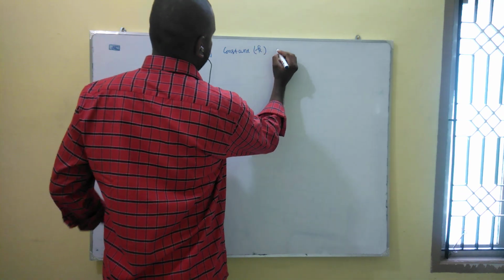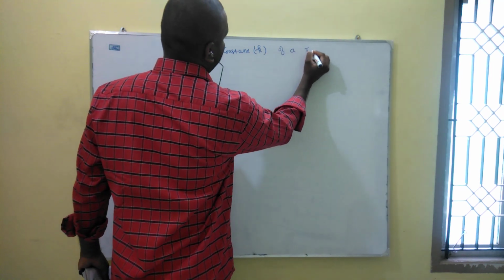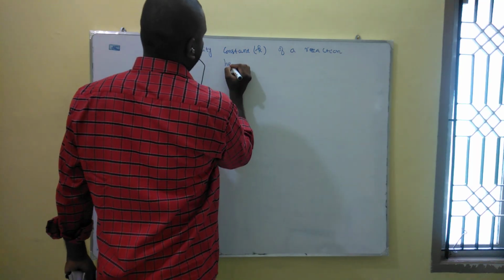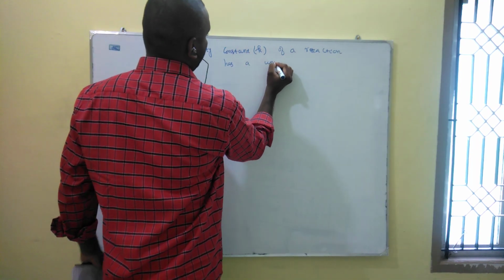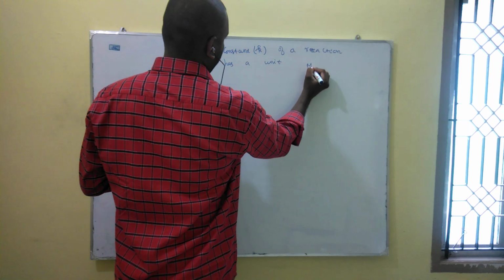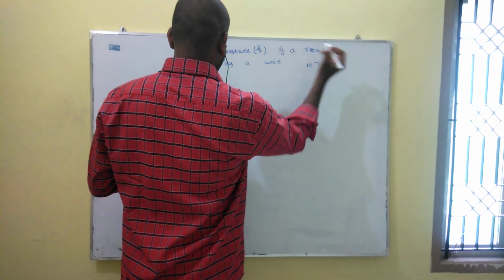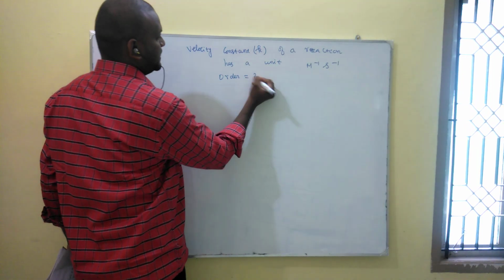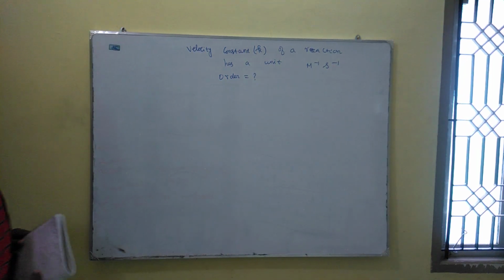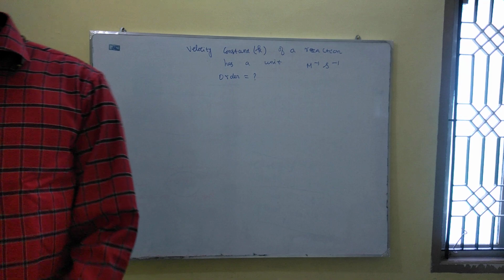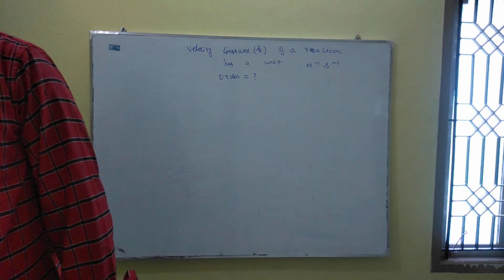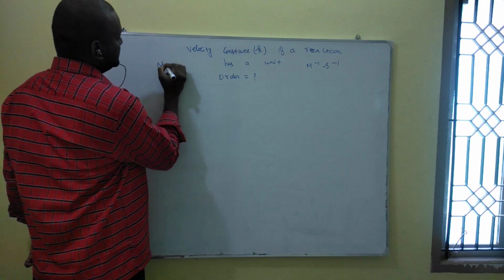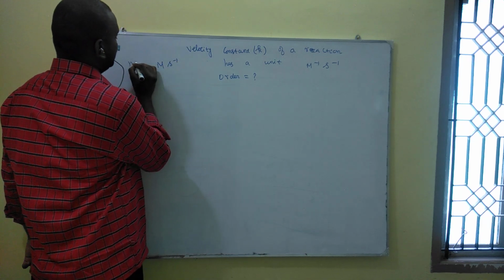The velocity constant of a reaction has a unit, and the unit is given as per mole per second. What is the order of the reaction they are asking? This is a TNPSC question. Already we discussed: mole per second corresponds to n equal to 0.